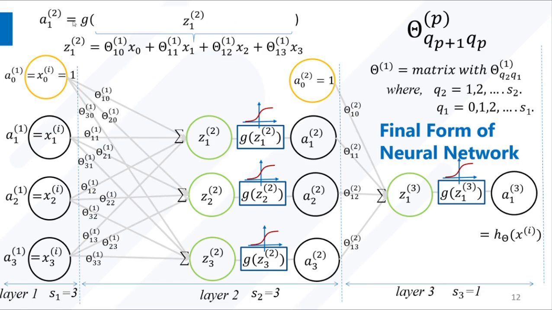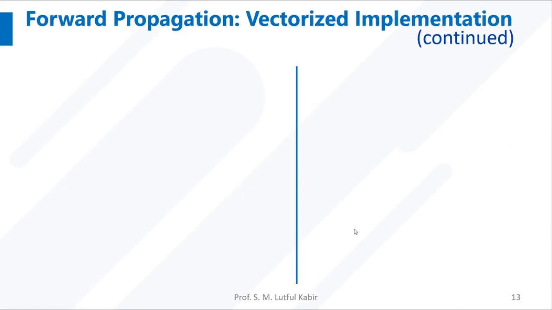So A1 we can write as G of Z1, because Z1 is the input and G of Z1 is the output, which is nothing but A1. Similar for the other nodes.